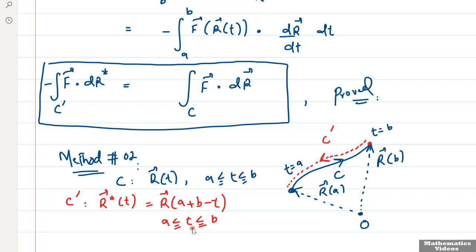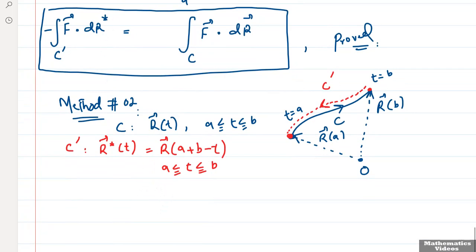So it means that on putting the maximum value of the parameter, we get the terminal point, which is r of a, and this point is this one. So it means that this parametric representation is correct. Okay, so hopefully you have understood this. Now we will move forward.